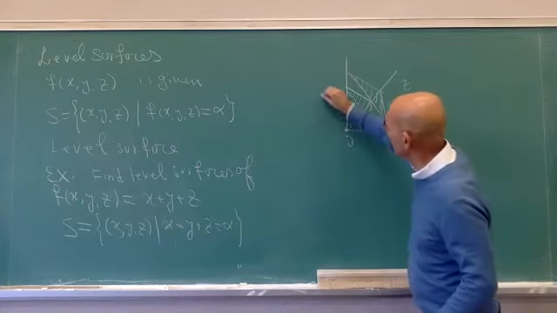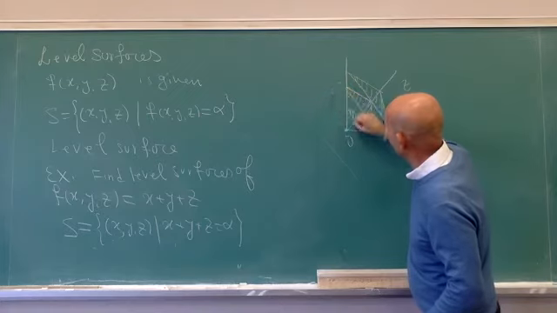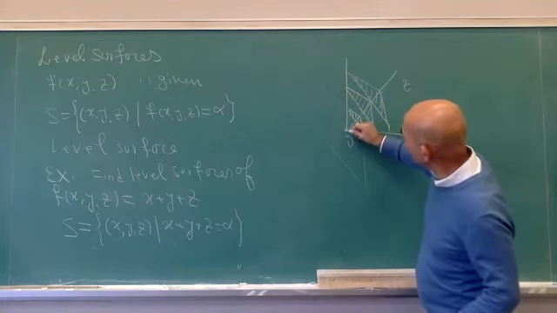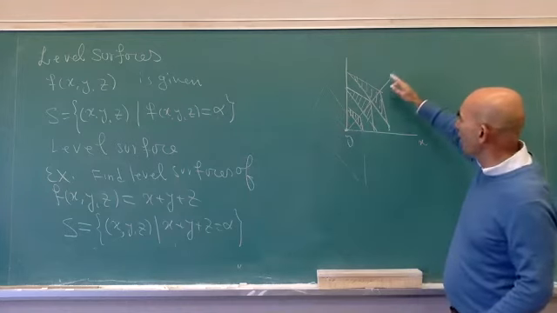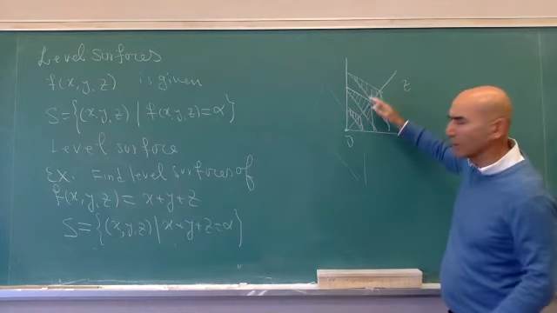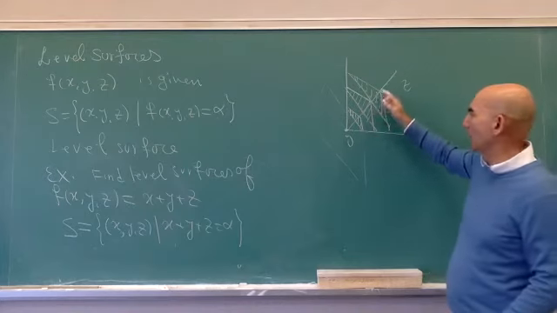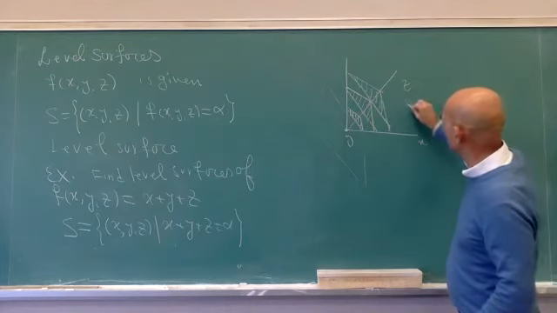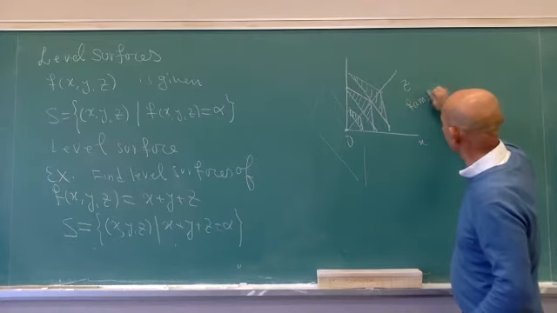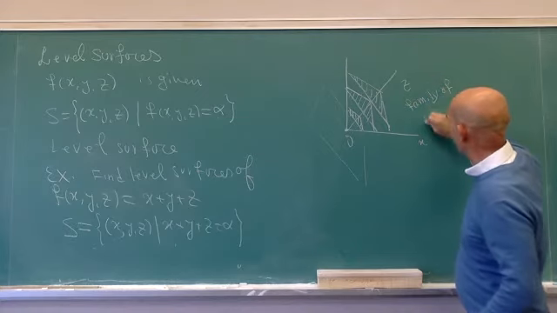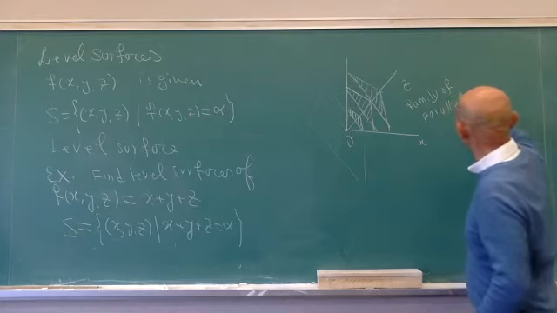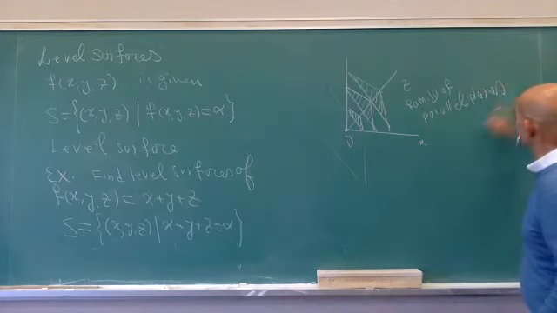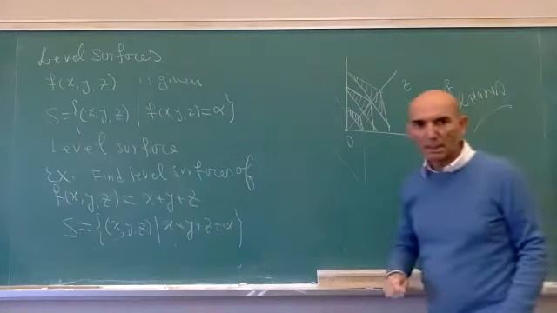So I don't draw that plane. There is a plane that passes through 0. And then you go in the other direction, you pick up negative values. So it's really a family of planes parallel to each other. So I just say it's a family of parallel planes. So that's it.